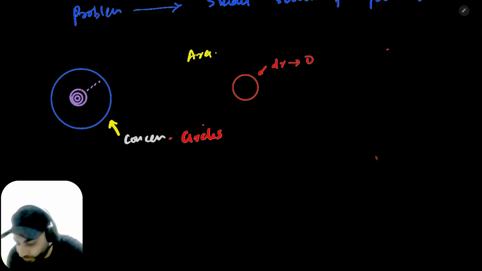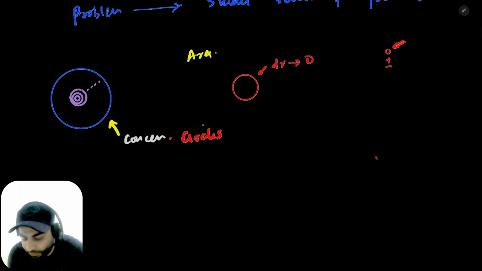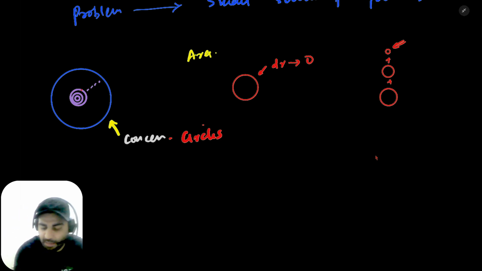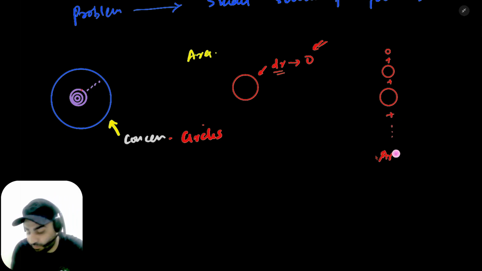So I'm saying first take the smaller circle, then add the whole circumference of a slightly bigger circle, then a little bigger one. But I'm just telling you that this dr is nearly equal to 0, tending to 0. That's infinitesimally small, like 0.00001. And then I'm adding these to get the area of the circle.